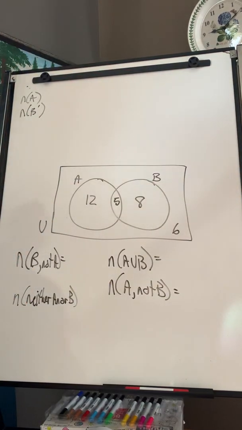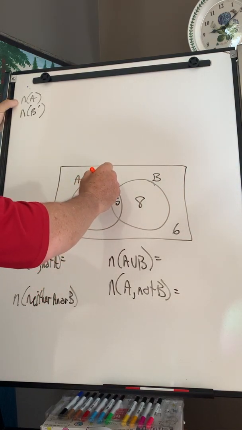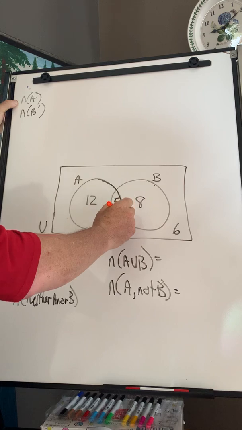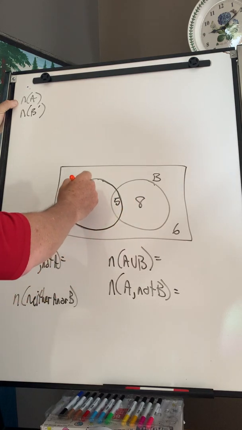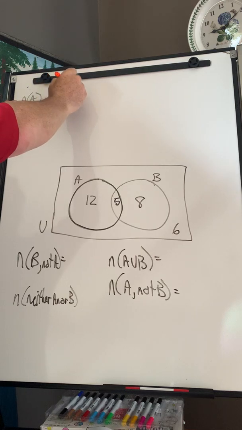So we get first question, how many elements are in the set A? Well, you get to take the whole circle. So everything in that circle is an element of A. So 12 plus 5 gives me 17.